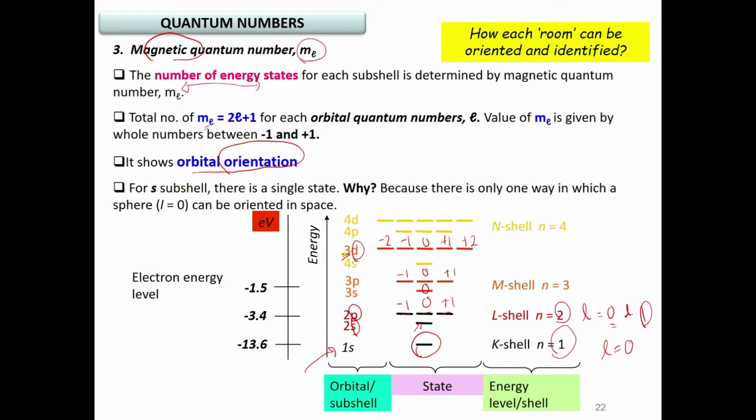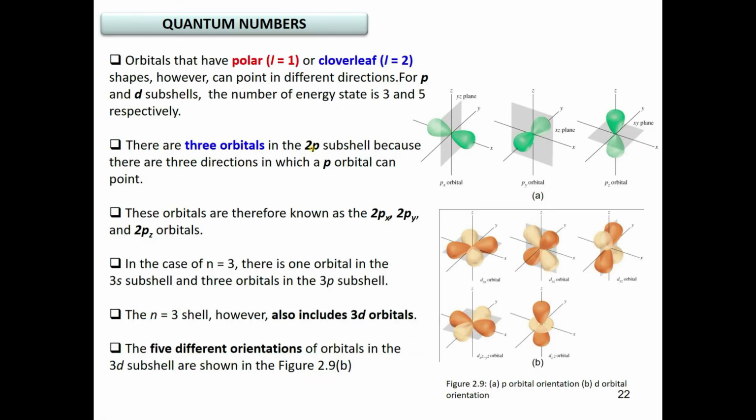So you see, from the nucleus, an electron residing at a higher energy level has an increment in energy. The 1s orbital can only have one state, which is a spherical shape, right? So how about the 2p orbital? As we know, it has 3 states of energy, and the orientation of these 3 states is given by this. You see, it has a polar shape.